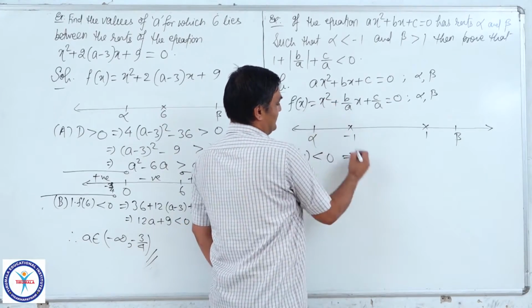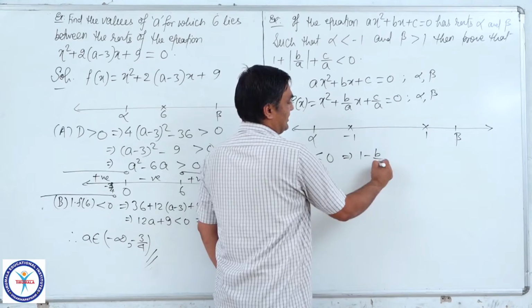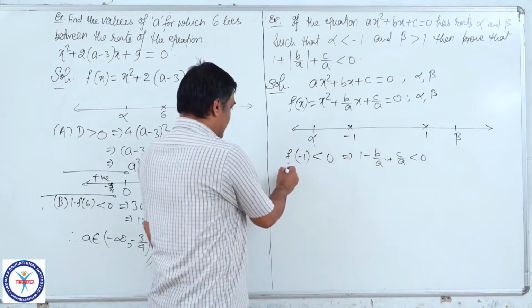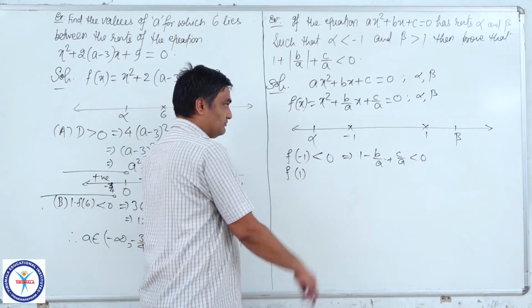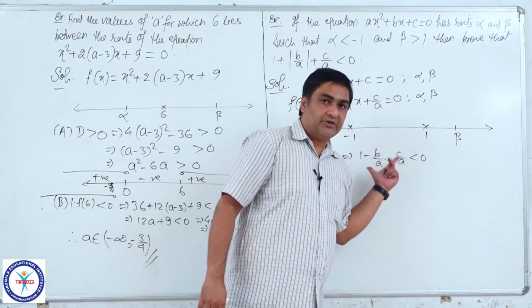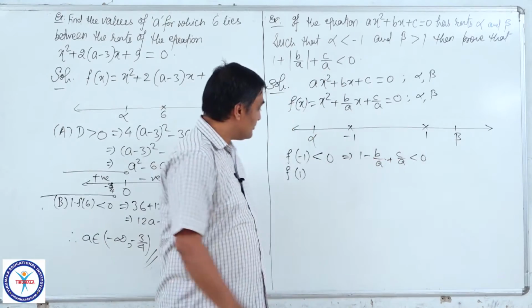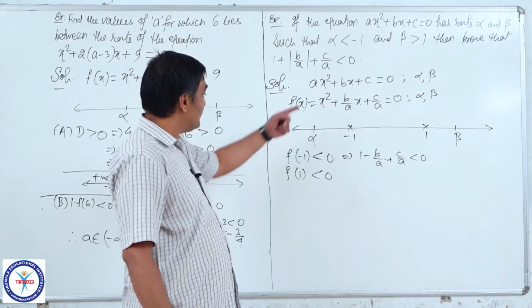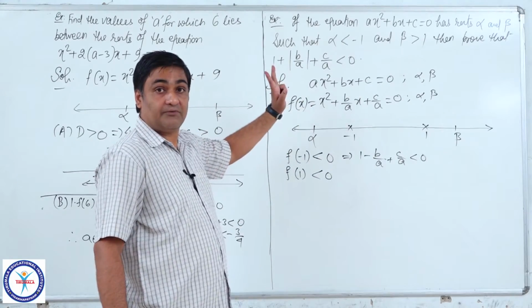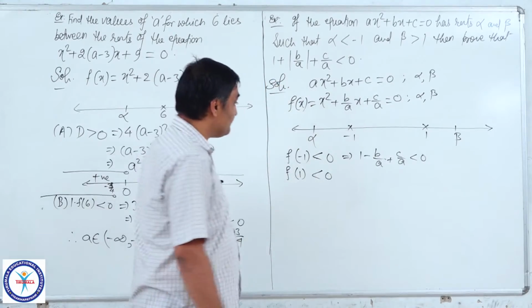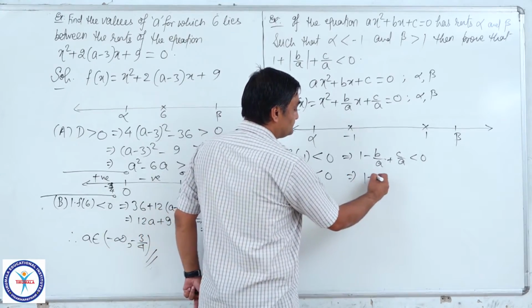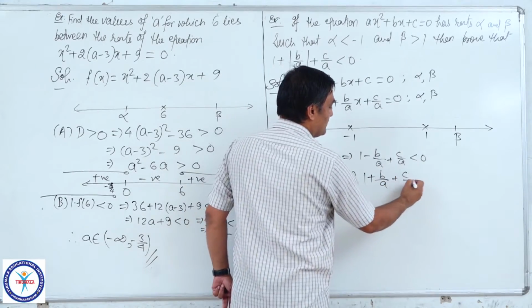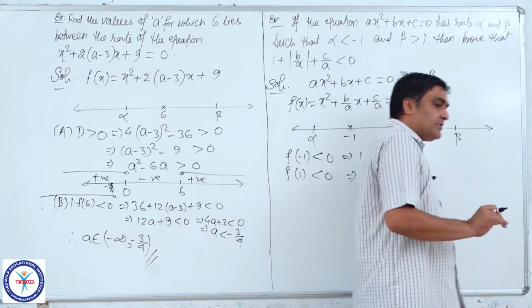And what is f of -1? 1 minus b by a plus c by a less than 0. And what about f of 1? 1 is also in between the roots. So, it is also opposite to a, means opposite to coefficient of x square, negative. And f of 1 is 1 plus b by a plus c by a less than 0.